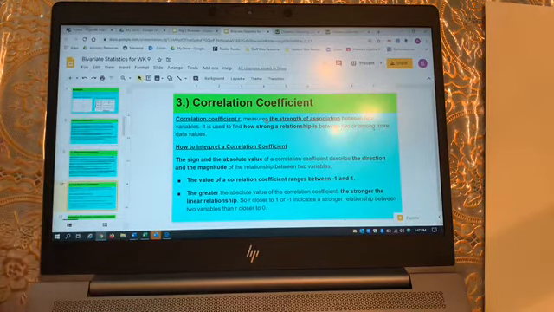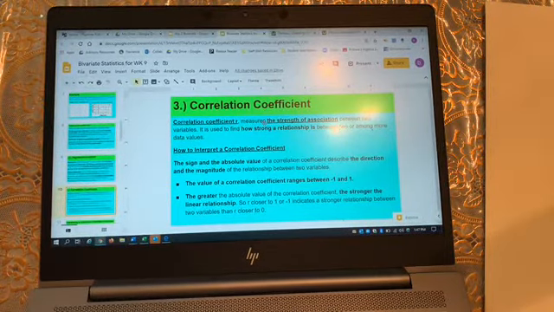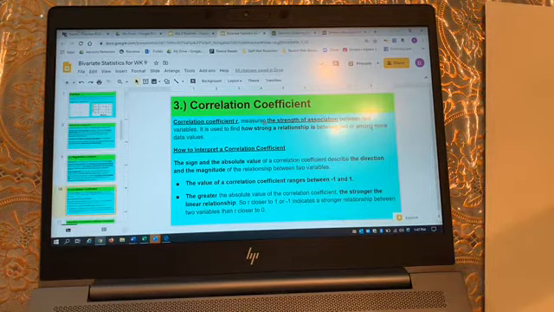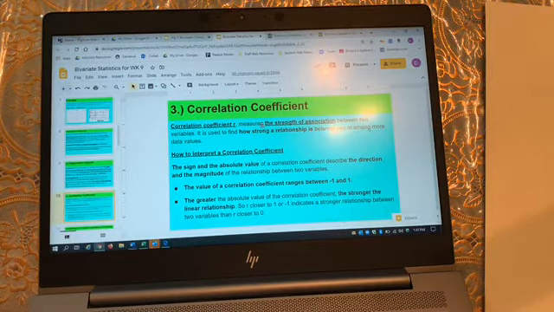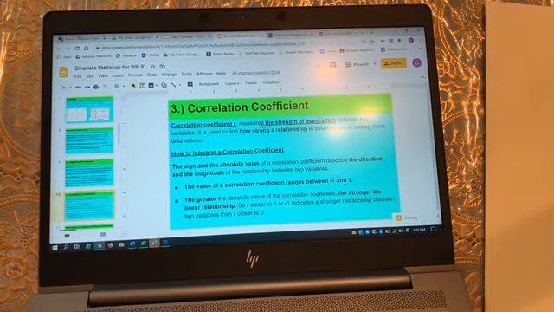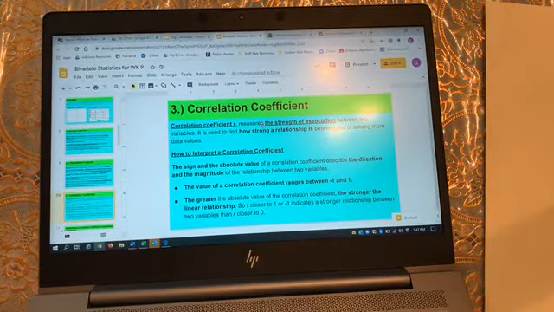The third one is the correlation coefficient. The symbol would usually be R. It measures the strength of association between two variables, how strong a relationship is between two or more data values. For this course, we are using the relationship between two quantities, how strong or weak.